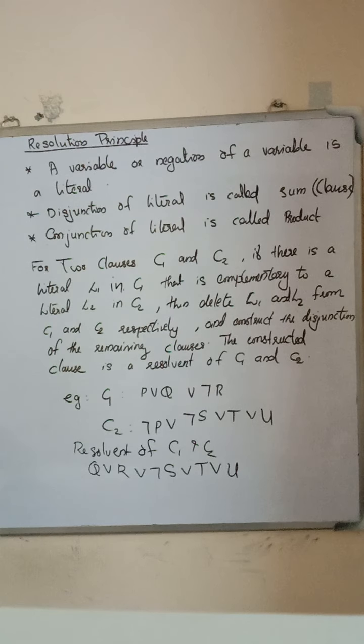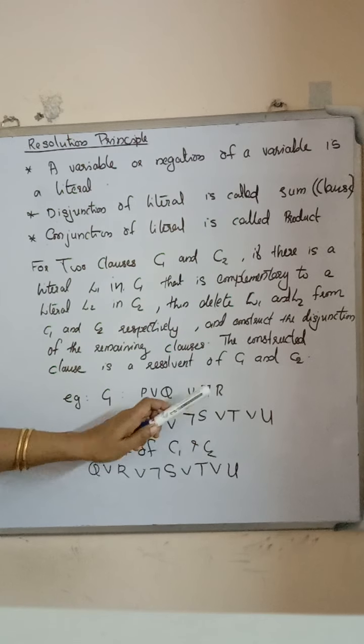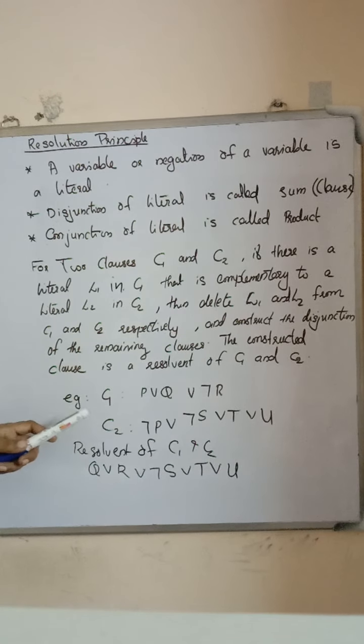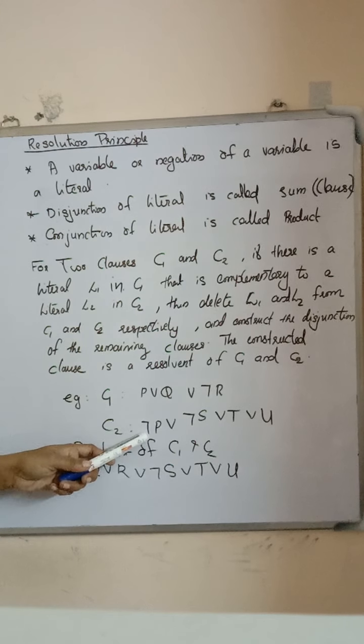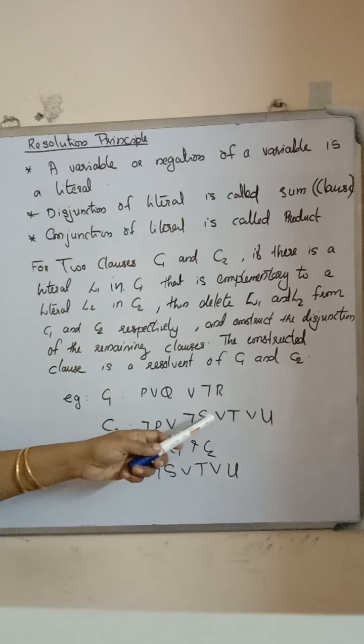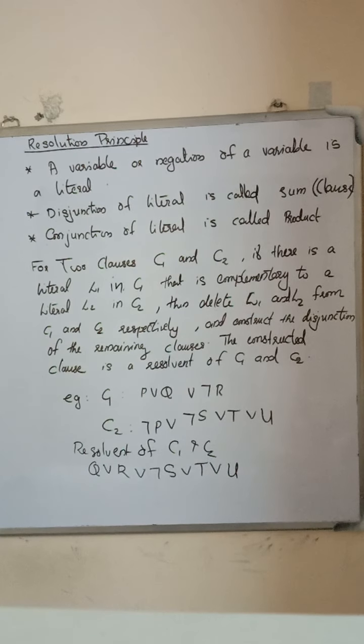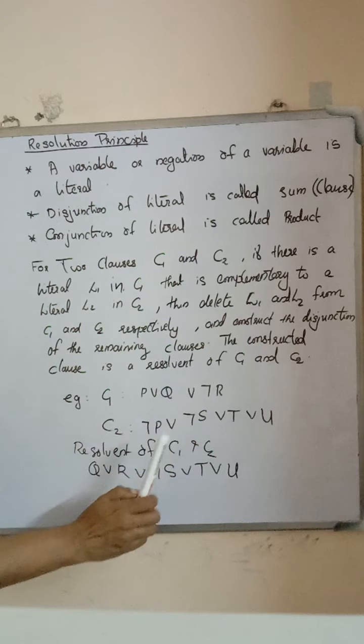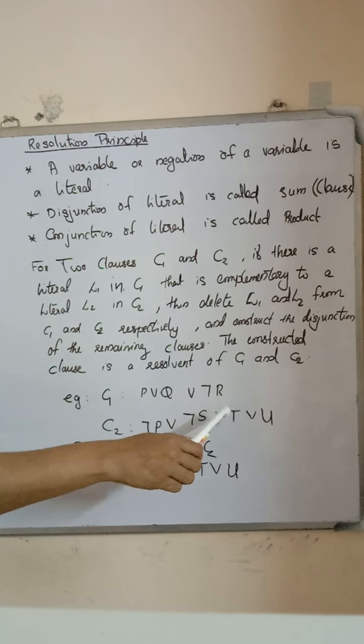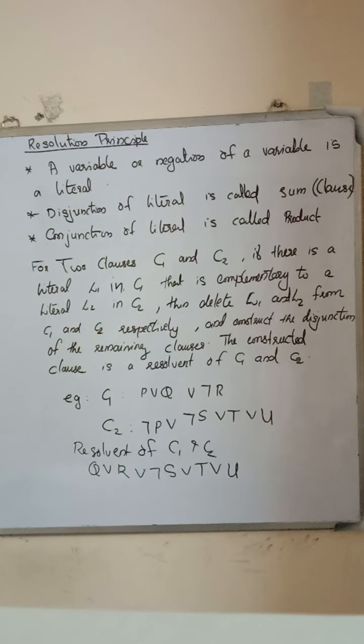For example, consider the two clauses C1 and C2. C1: P or Q or negation R. Also C2: negation P or negation S or T or U. Here C1 and C2 are clauses, and P, Q, negation R, negation P, negation S, T, U are the literals.